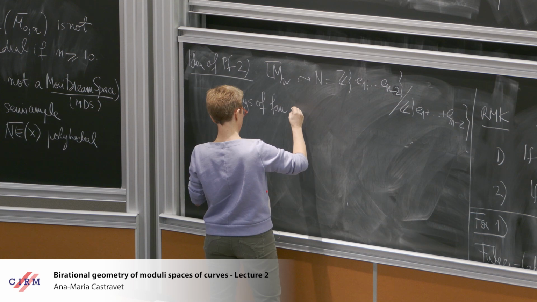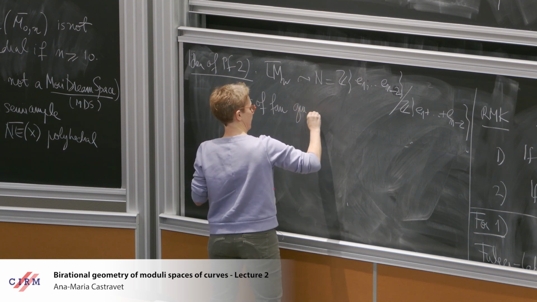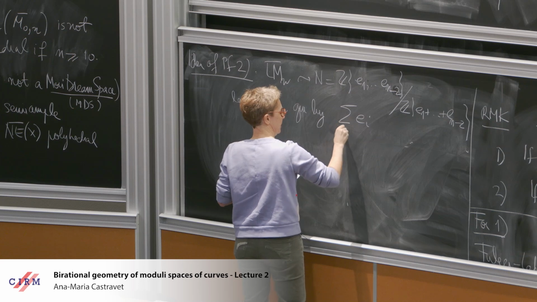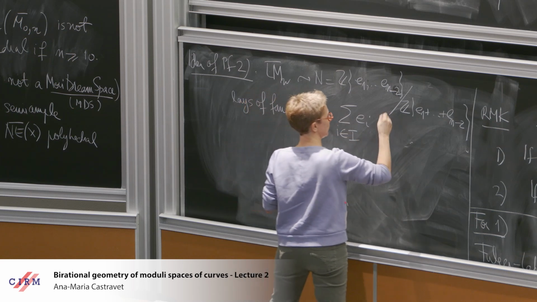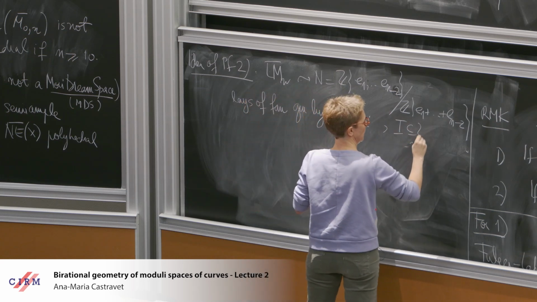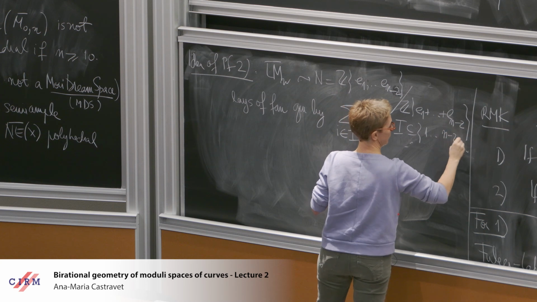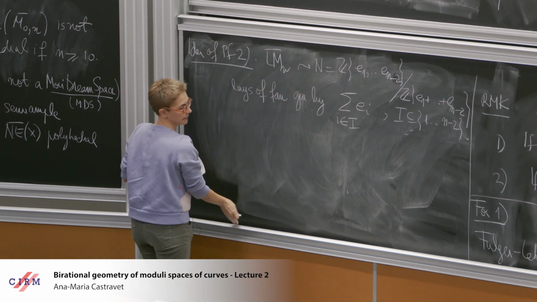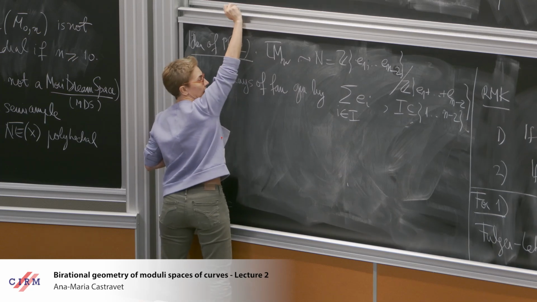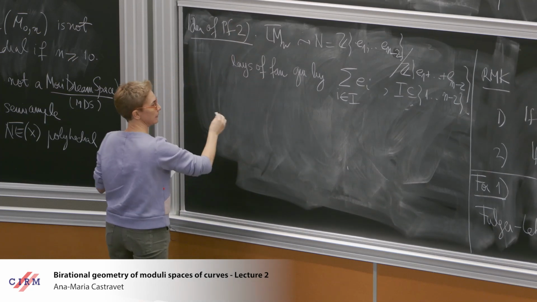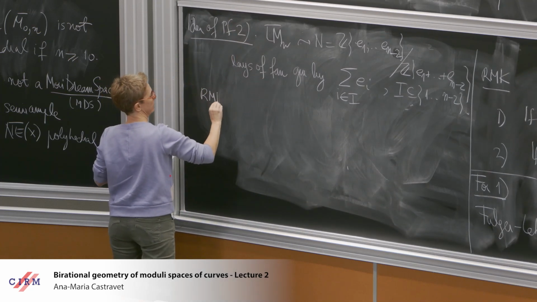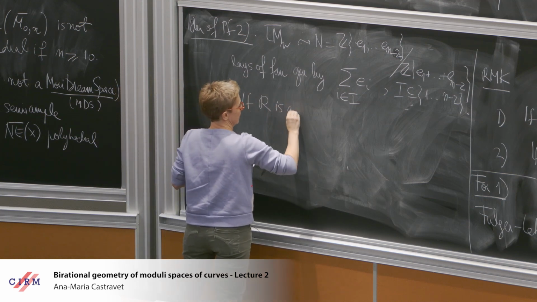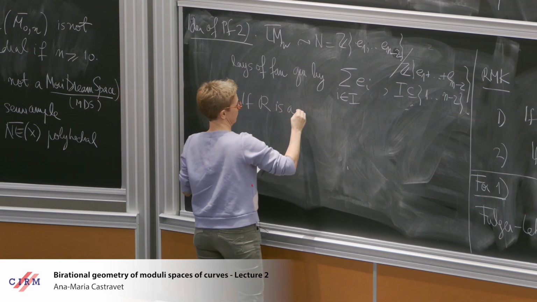So this is generated by all the possible sums for all the possible subsets. And so what you need to notice here is that for any ray, minus that is also a ray.